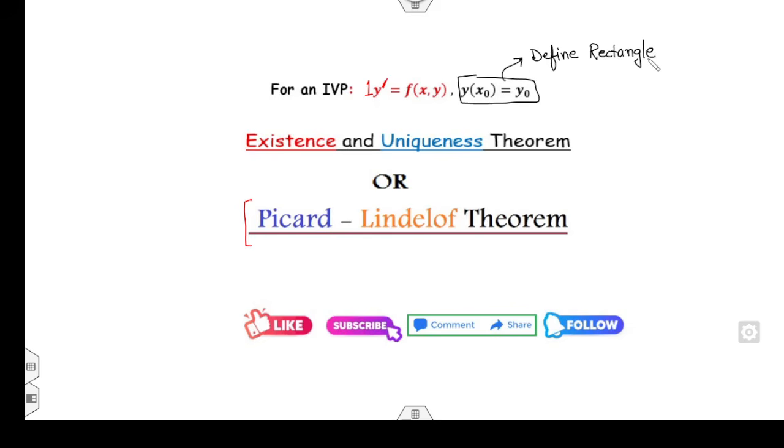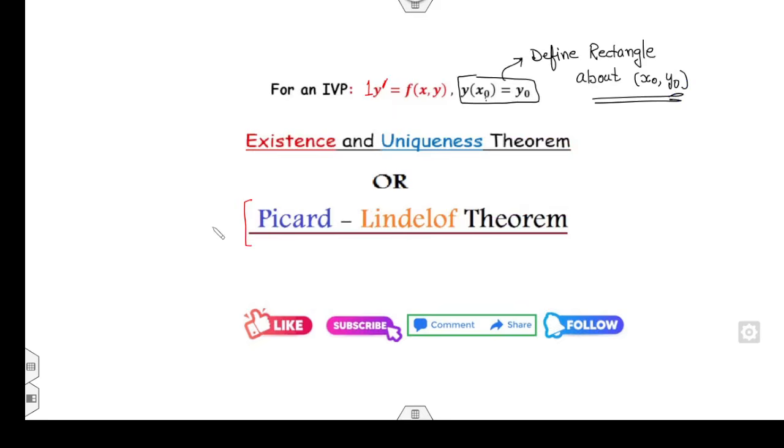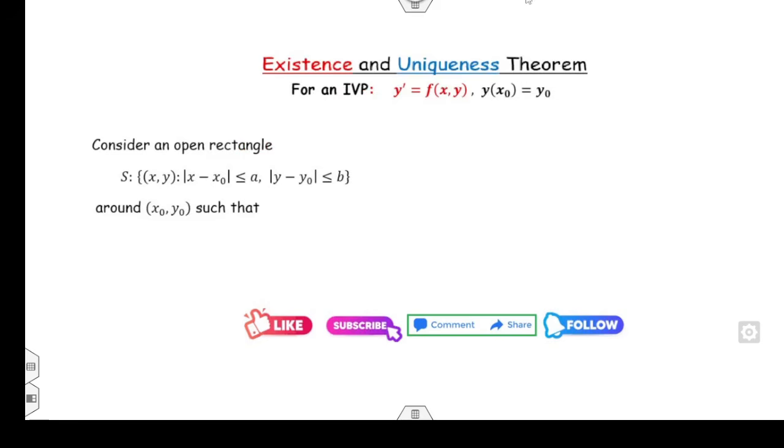First of all, we can define the rectangle about whatever the initial point is given to you, x naught and y naught. और मैं फिर बता रहा हूं ये कैसे rectangle डिफाइन करोगे, based on this condition. Fine. Now first of all, you can define the open rectangle about the initial point x naught and y naught such that now two questions arise: when the solution will exist and when the solution will be unique.